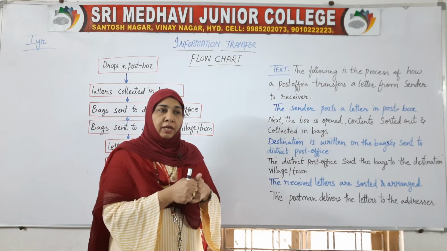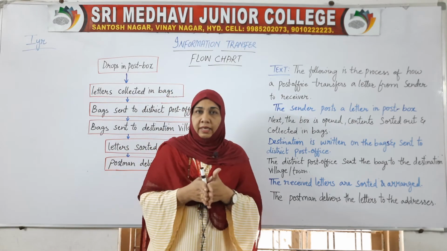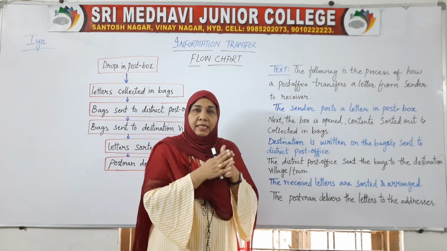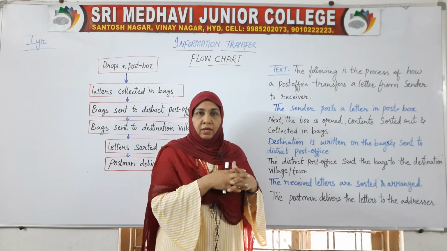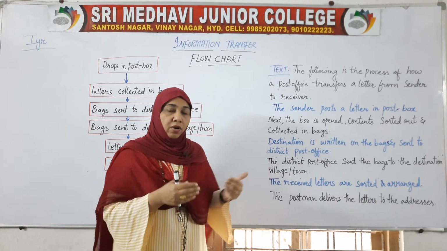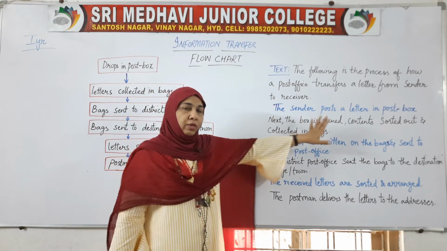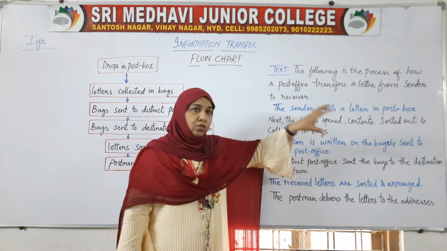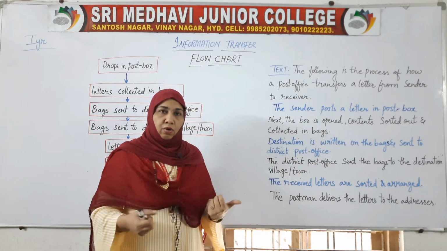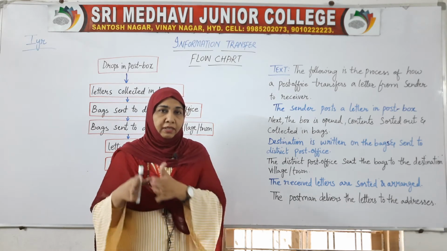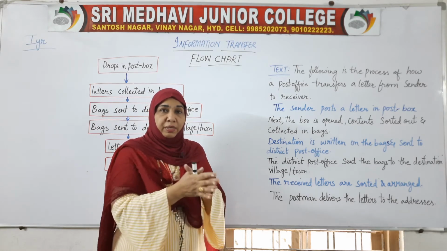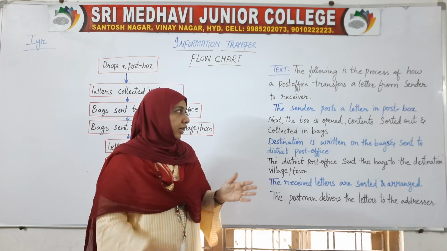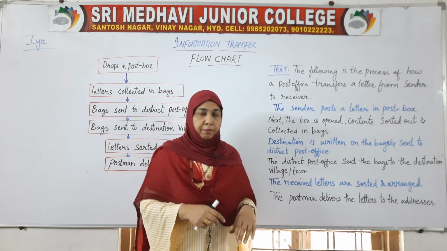Sometimes those who are not staying here send Rakhi to their brothers. There are money orders, telegrams, too many things. So contents are sorted out, they check how many letters, money orders and telegrams there are, and collect them in bags.